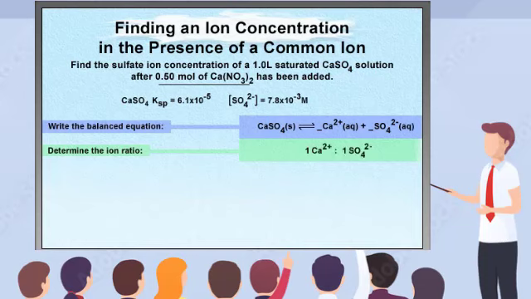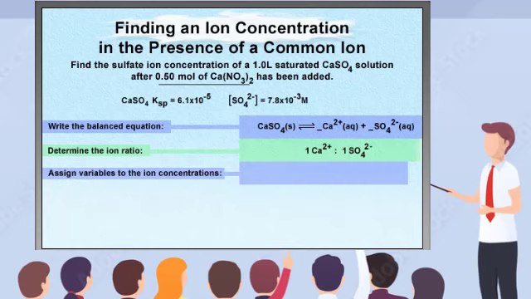You should realize there is a 1-to-1 ratio of calcium ions to sulfate ions, since the coefficient of both the calcium ions and the sulfate ions is 1. Now you can assign a variable to the concentration of each ion. Since the ion concentration ratio is 1-to-1, the ions can be expressed as X to X.